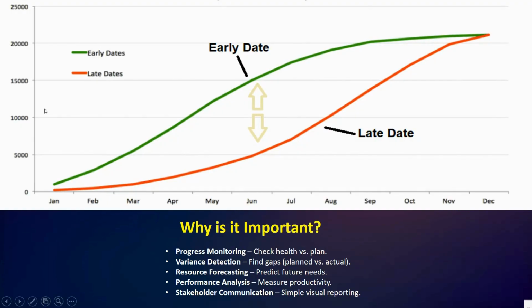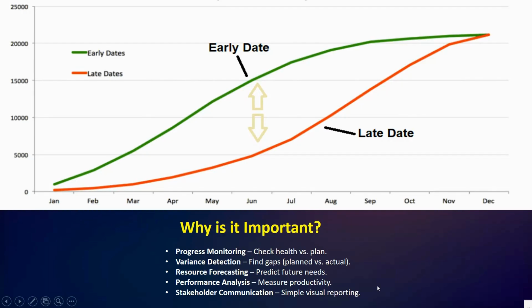Fourth, we have performance analysis, to measure productivity. Productivity can also be measured with the S curve. For example, if the actual progress is consistently below the planned curve, it shows inefficiency and underperformance. Last, we have stakeholder communication, which is simple visual reporting.